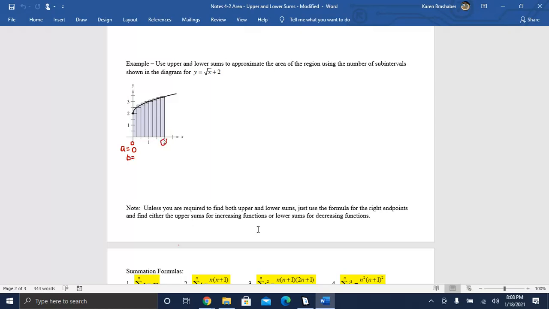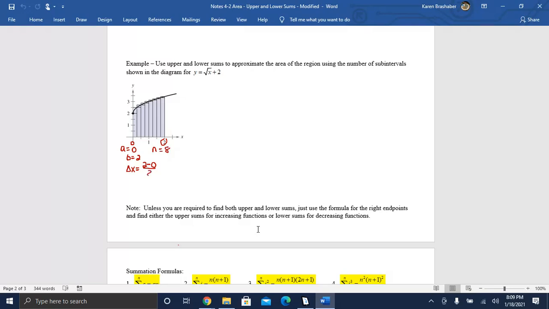So B is a 2, and your delta X, or excuse me, let's get the delta X. So delta X is B minus A over your number of rectangles. So I need to know that. My number of rectangles, if I count them up, I have 8.